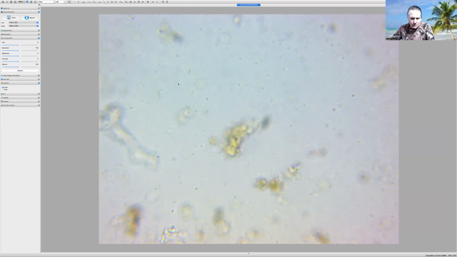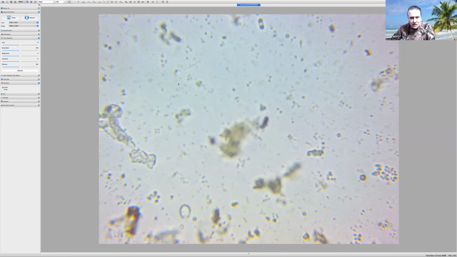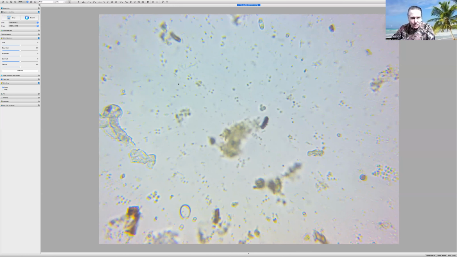I've pointed out a lot of flagellates here. You just see them moving, and I can only move this focus minute amounts, and then there's a new area in focus. So it's not like I can get the entire sample in focus. We have to be looking at individual ones. So this would be a whole other bacterial strain that I could count.